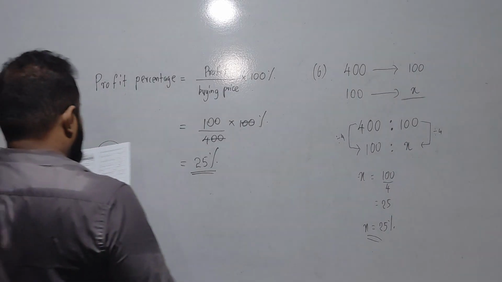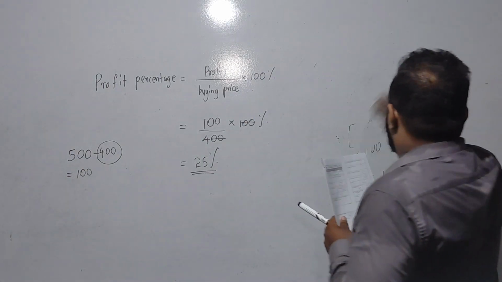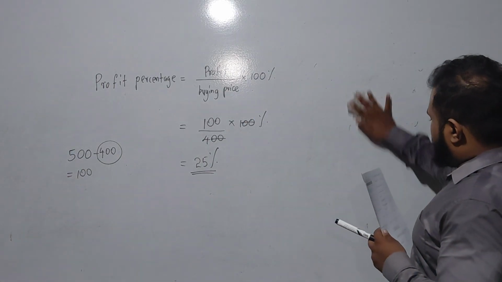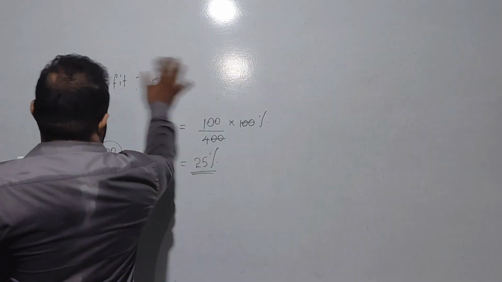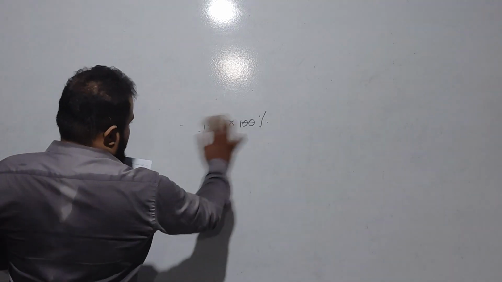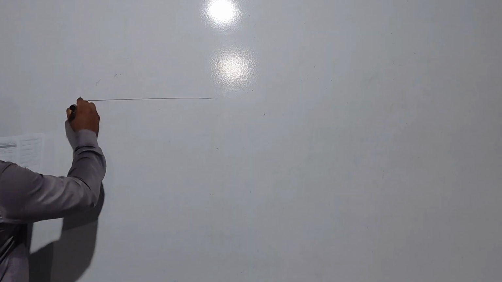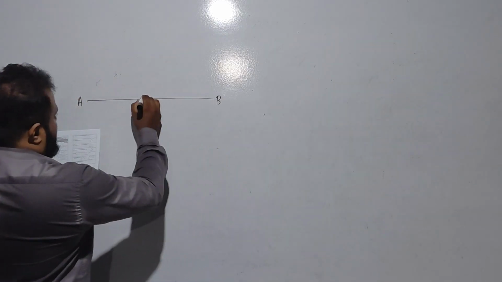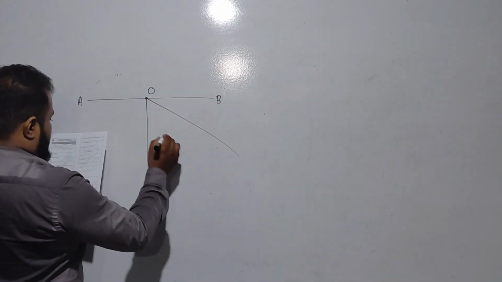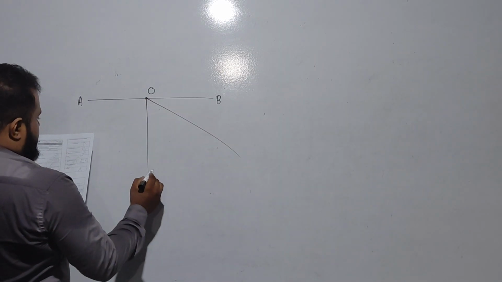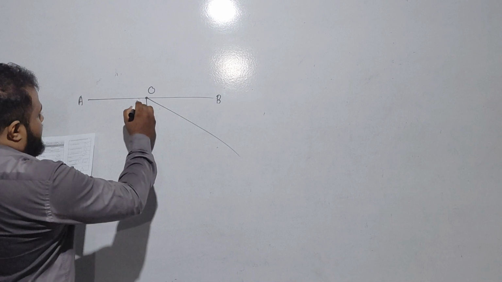AOB is a straight line. Find the value of COD. If AOB is a straight line, the angle is 180 degrees. And they have marked this AOD as a right angle.